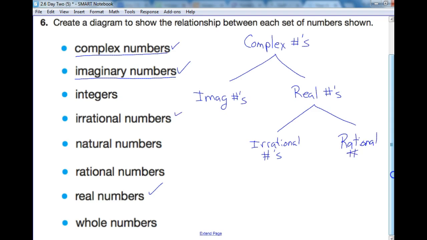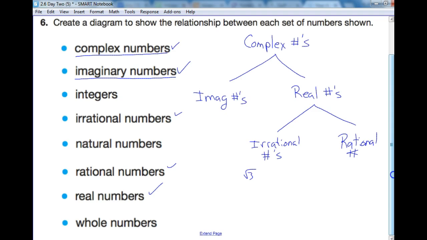I don't know if you remember the difference between irrational and rational. Irrational numbers are numbers like the square root of 3. How I always think of them, they never repeat, they never terminate, and they go on and on and on forever, like I have been so far today. They never quit, they just keep going.